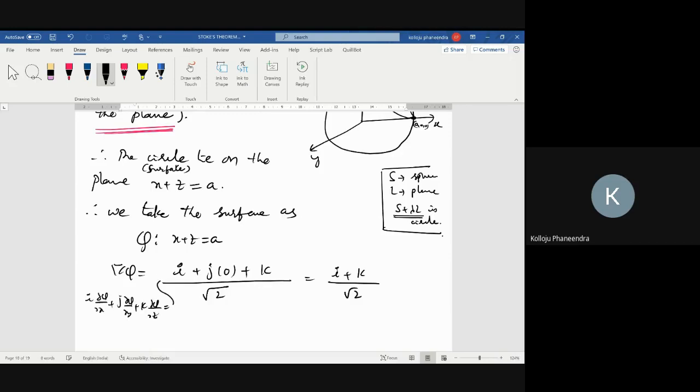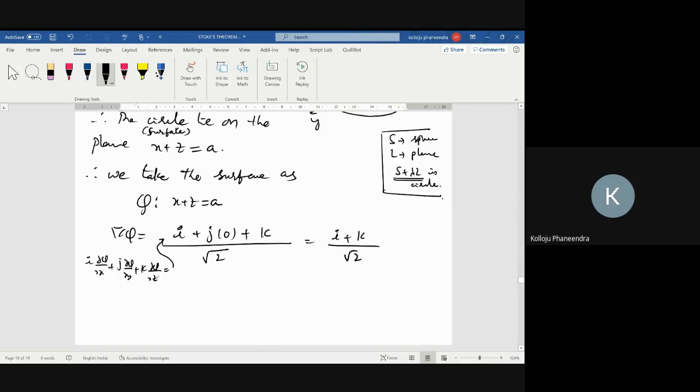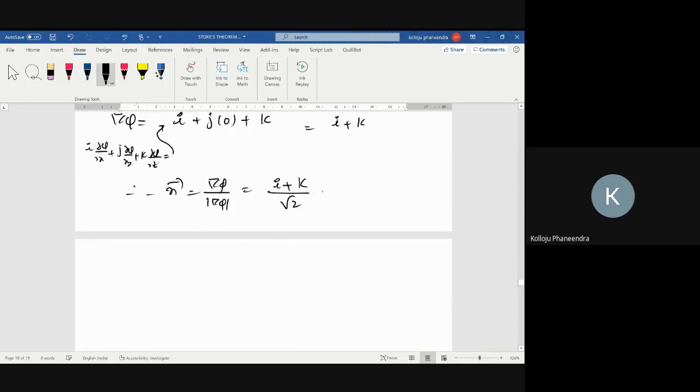So you will get i plus k. Right? Del phi, still any doubt? Oh, no, root 2 will not be there in del phi, i plus k is there. Therefore, n bar equals del phi over mod del phi, which is i plus k by root 2.